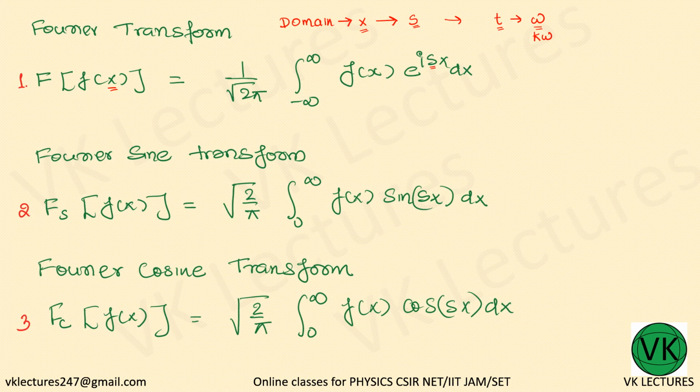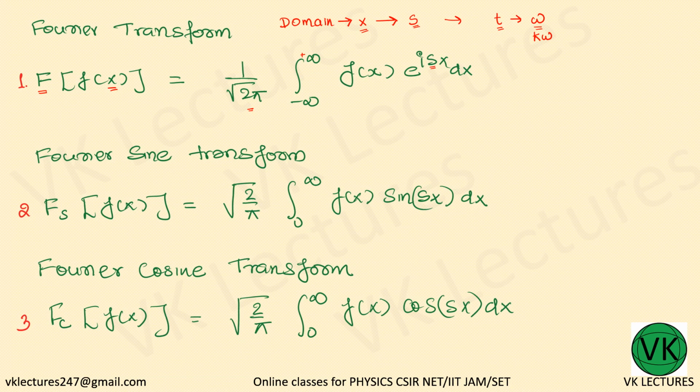The Fourier transform is given by capital F of the function f of x equal to a constant, 1 by root of 2 pi, times the integral, with limits from minus infinity to plus infinity, of f of x times e to the power isx dx.